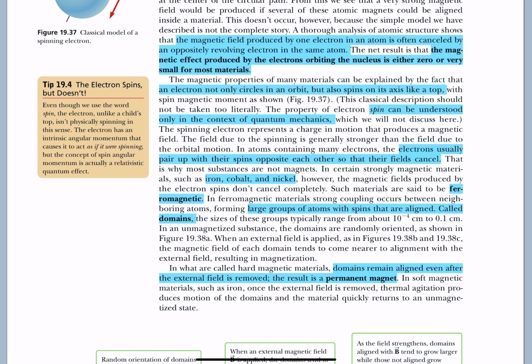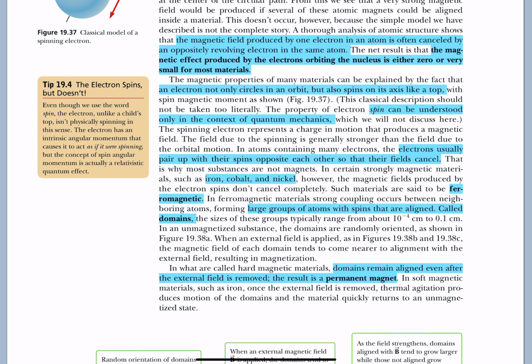And the idea here is if you have several orbitals that only have 1 electron in them, and all of those electrons are spinning in the same direction, the magnetic field of each orbital is augmented by the magnetic field of the other orbitals because they're all spinning in the same direction. And you get the sum of those magnetic fields.